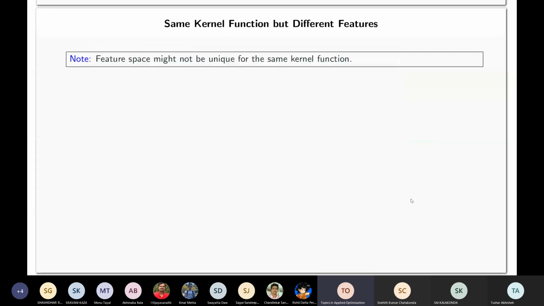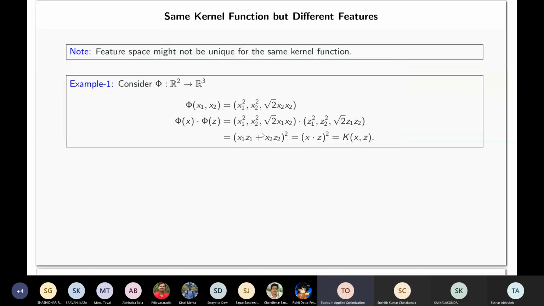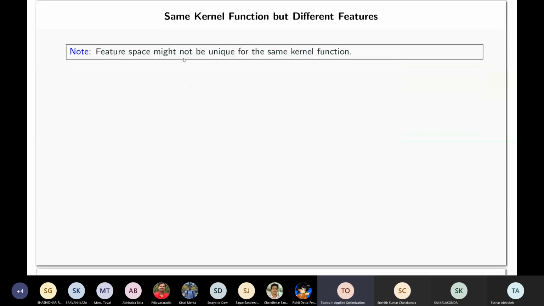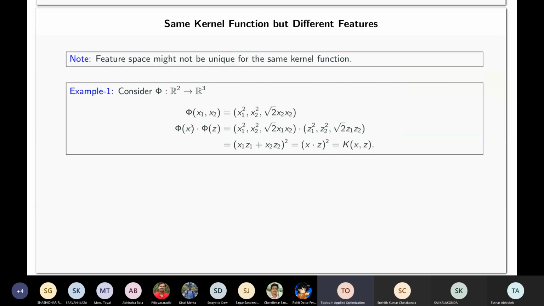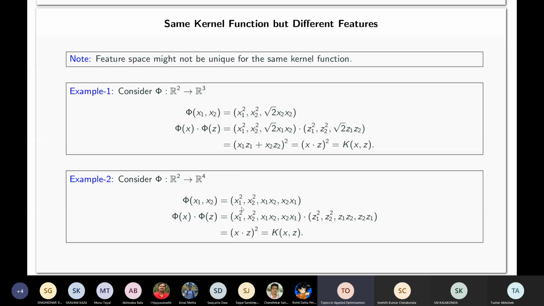So here what I'm trying to say is that the feature space might not be unique for the same kernel. This is just a remark. For instance, if I do phi x1, x2, then this is this, and if I do a dot product of phi x with phi z, I get this. But I may have started with a different mapping and still get the same kernel.